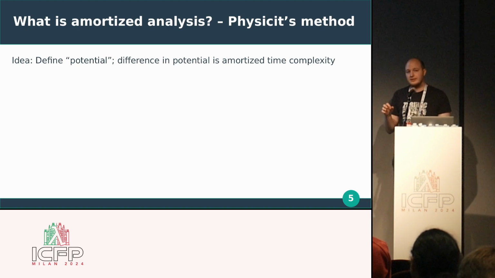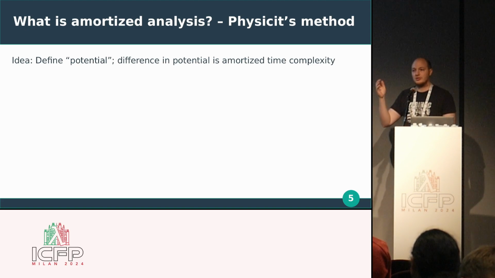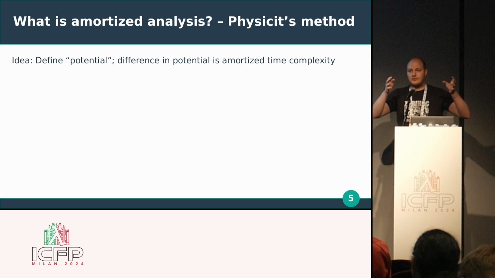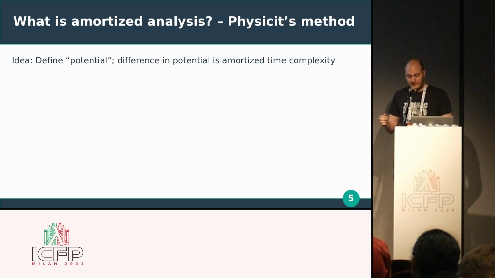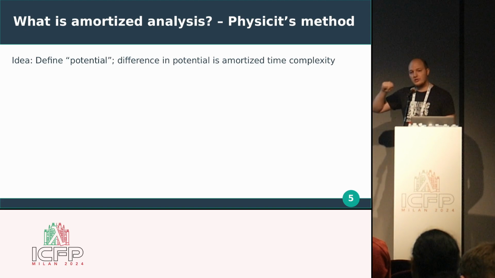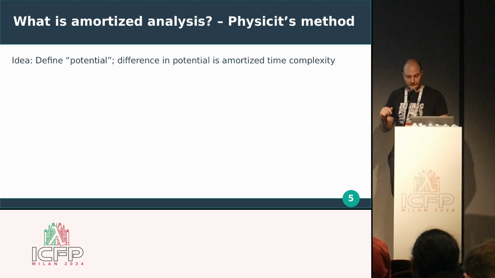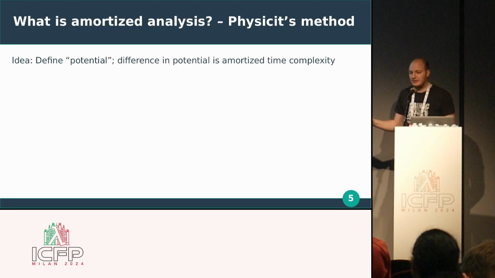The idea here is we define some potential function. It will map every state of the data structure to a number, which can be anything. It usually will mean something about how costly that state of the data structure will be for our operations. And then the difference in potential at every step will be our amortized complexity. So what does this mean?